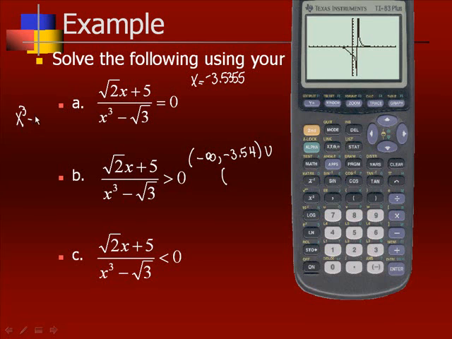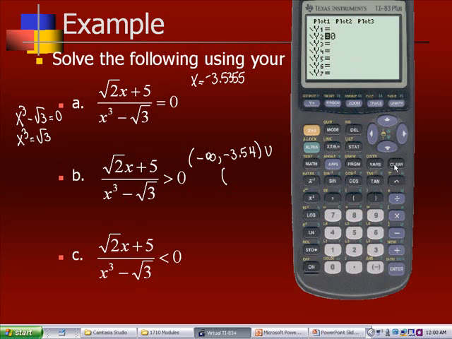Well, what we've got is x to the third minus the square root of 3 equals 0, or x to the third equals square root of 3. We're trying to solve that. What we would do is, let's clear this out for a minute.